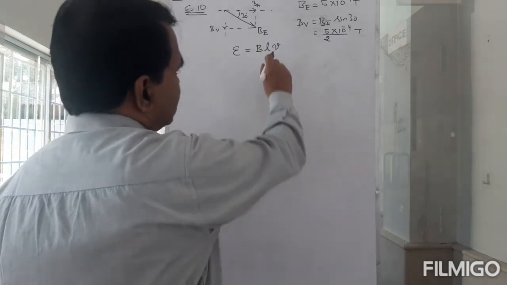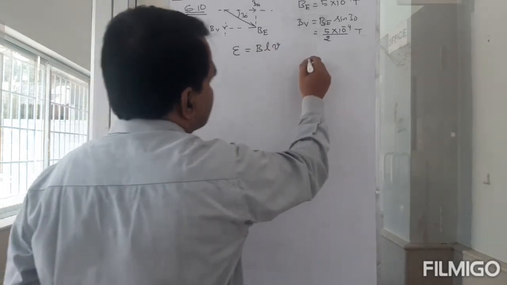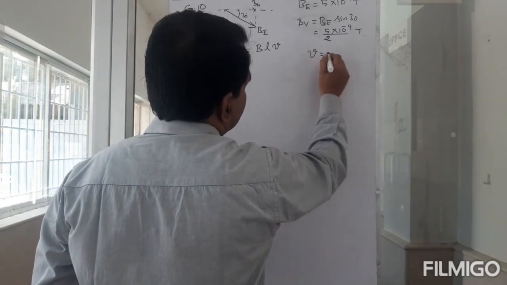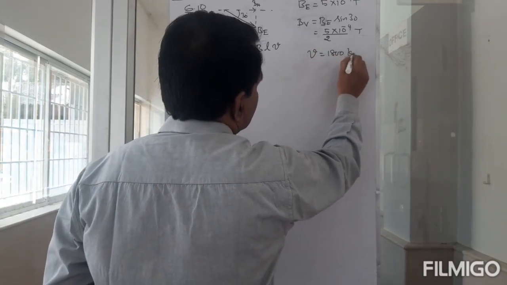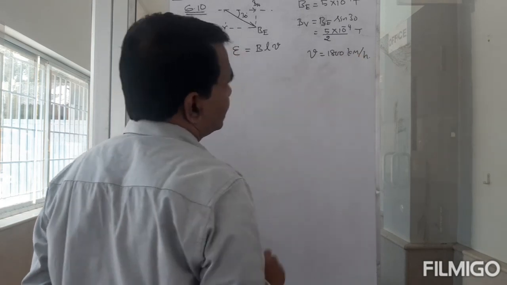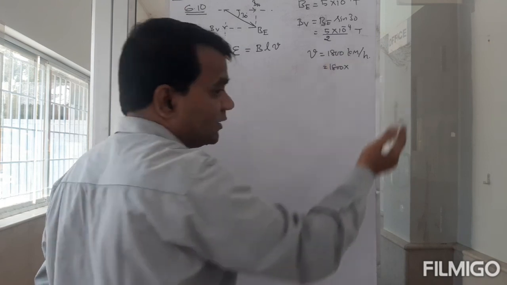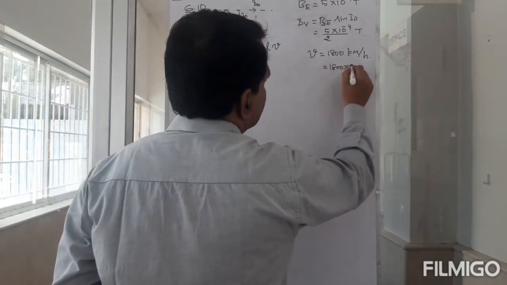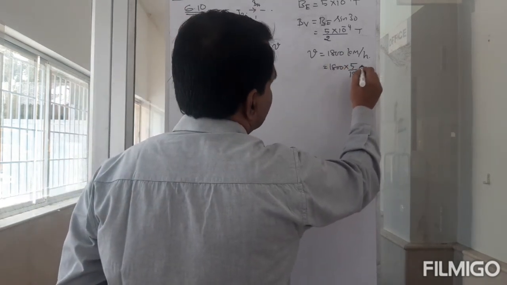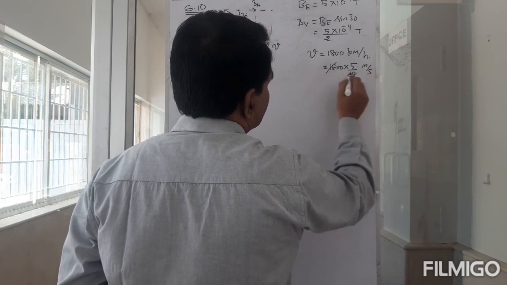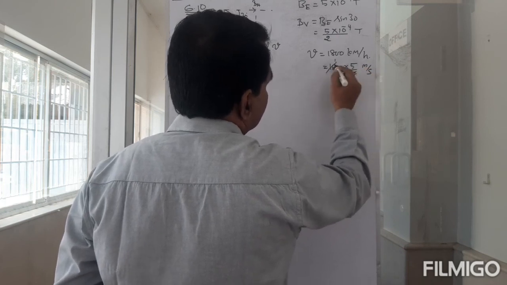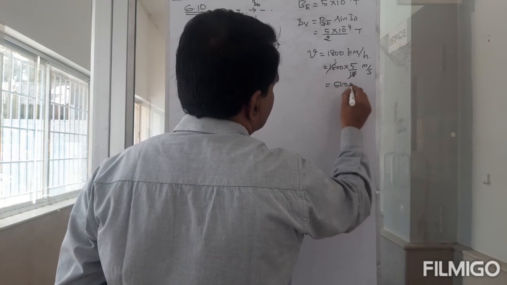Now I need to convert this V because the speed is given to be 1800 km per hour. If you need to convert that into meters per second, then I need to multiply that by 5 and divide it by 18. So this will be 500 meters per second.